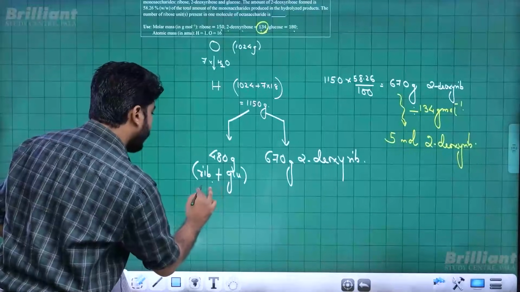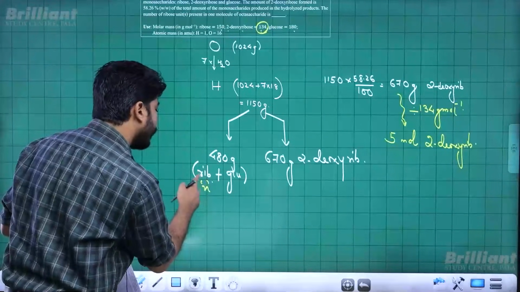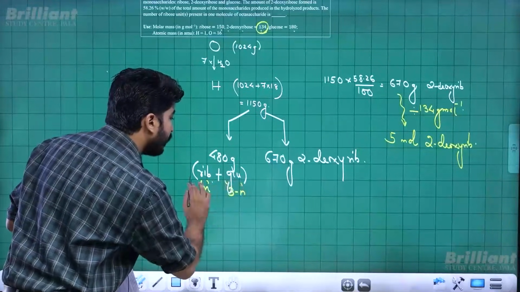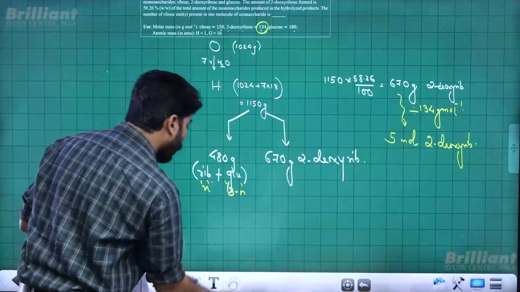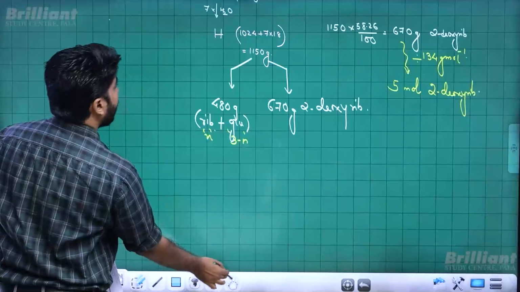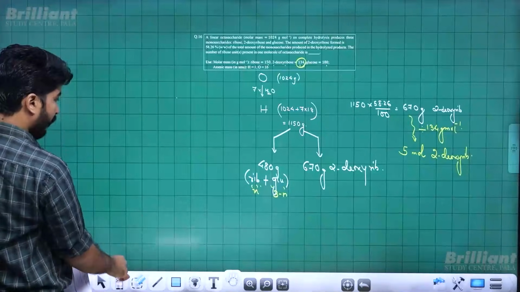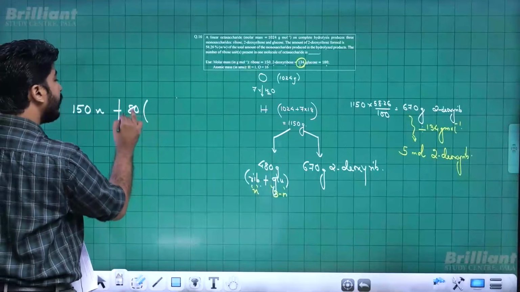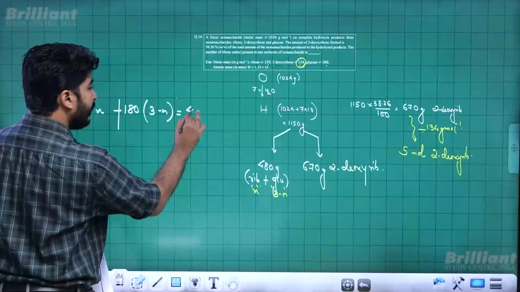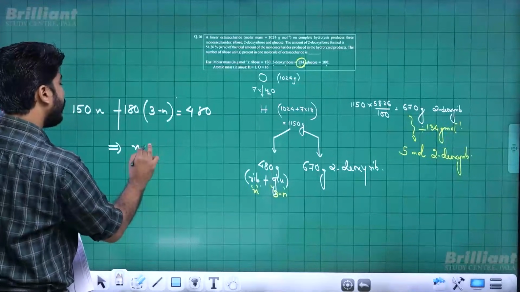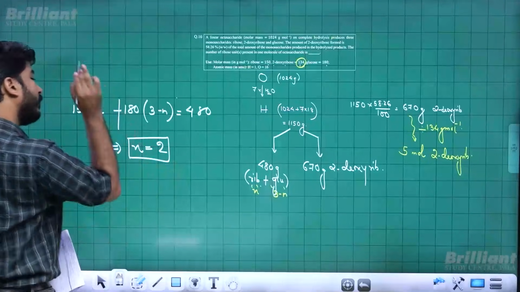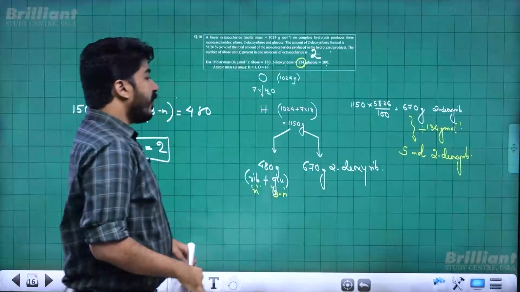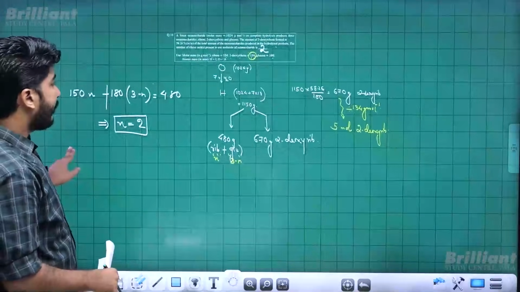Since we want to find the number of ribose units, let's put the number of ribose as n, and the number of glucose as 3 minus n, because the total is 3 molecules. We are given the ribose molar mass as 150. So 150 times n plus 180 times 3 minus n has to be 480. So very easily you find that n is 2. So the number of ribose units is 2 in this octasaccharide. So its answer will be a perfect 2 only, right?